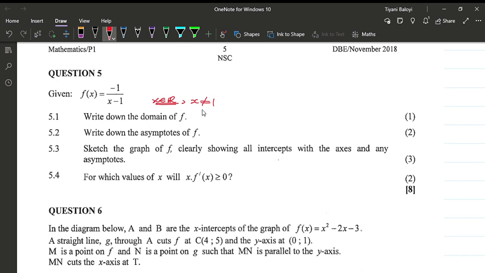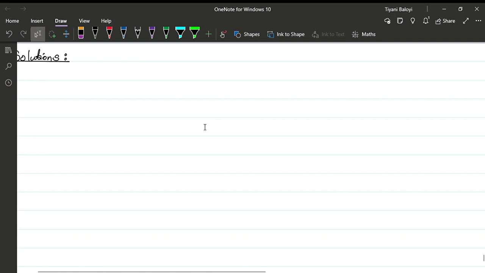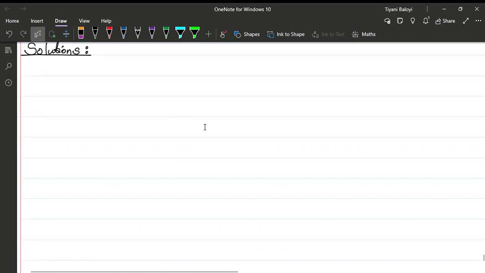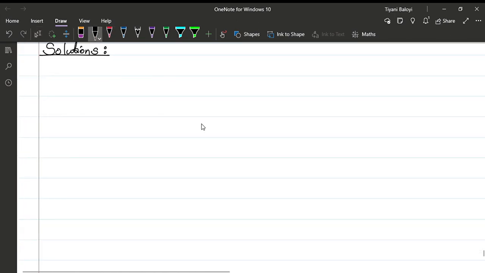Okay, so we can just write for 5.1, our solution is straight to the point. It's x is an element of the real numbers, x is not equal to 1.